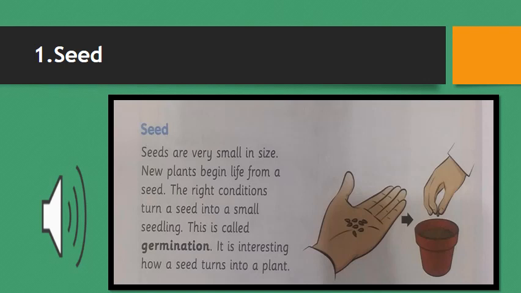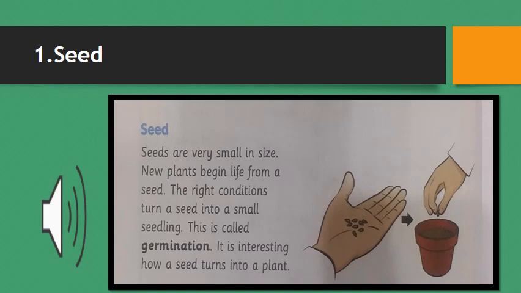Now, what does a seed need to grow? Seed needs the right conditions to grow. And what are these right conditions? It means a seed needs proper water, proper and accurate temperature and good soil. Then it will grow.